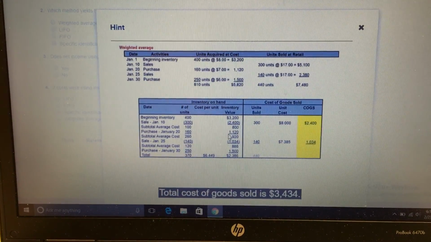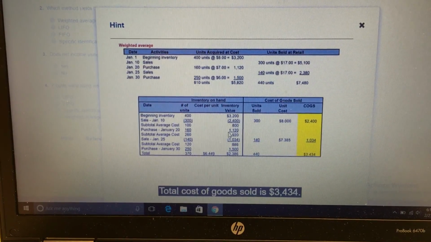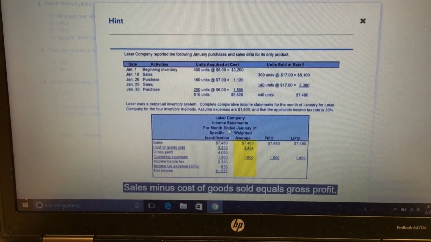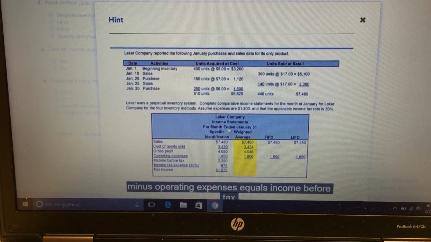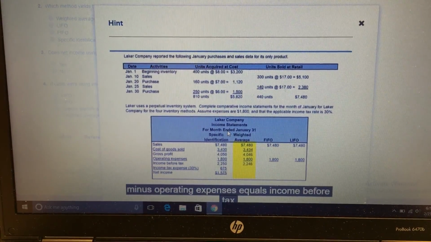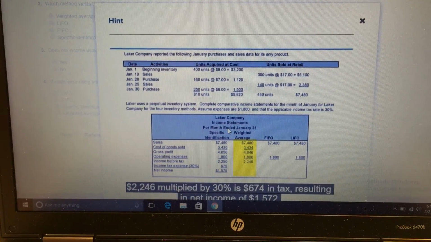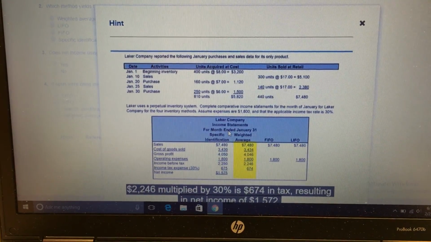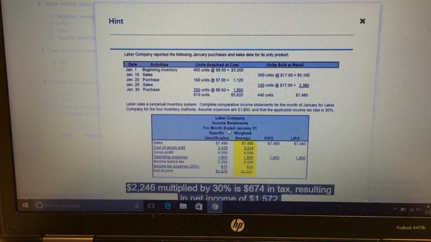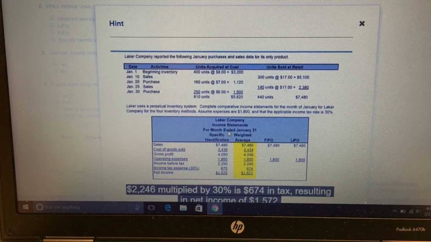Total cost of goods sold is $3,434. Sales minus cost of goods sold equals gross profit, minus operating expenses equals income before tax. $2,246 multiplied by 30% is $674 in tax, resulting in net income of $1,572.